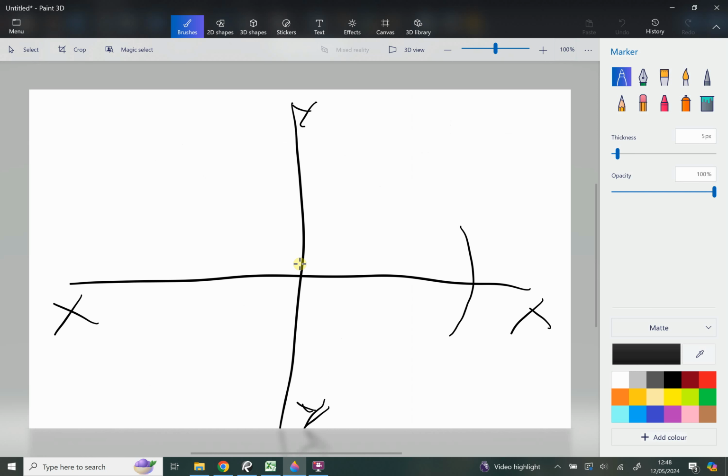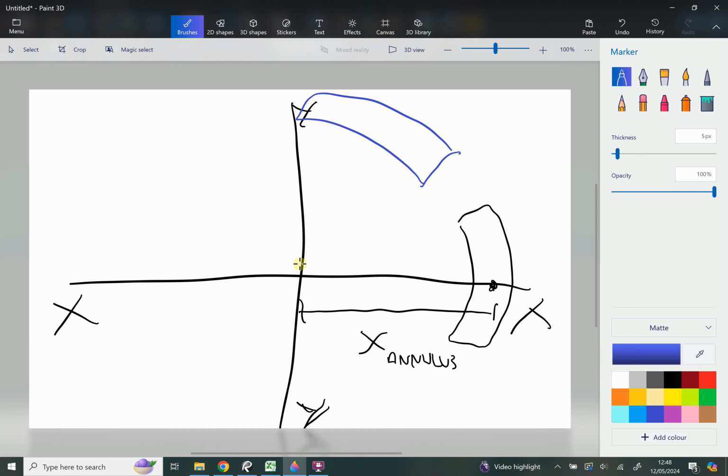We have our typical case, that's our centroid, and we know this distance, this is the distance to the centroid, x annulus. We have a rotated system up here with a centroid there. The centroid is in the same position, it's just rotated round. We know this rotation, that rotation is beta, and so we can work out that distance and that distance. They form a nice right angle triangle for us.